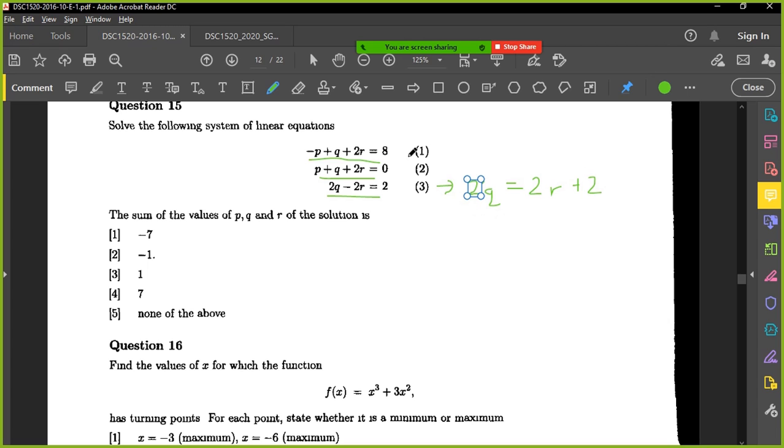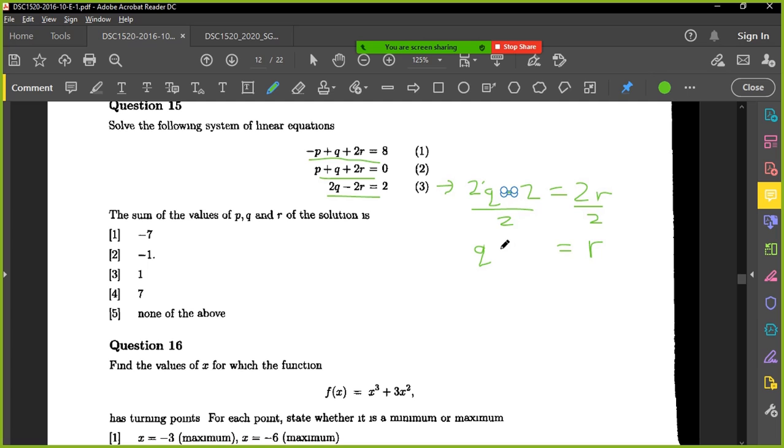Then I'm going to move the 2 also to the left-hand side. So 2Q minus 2. Okay, perfect. And then I'll probably divide everything by 2.